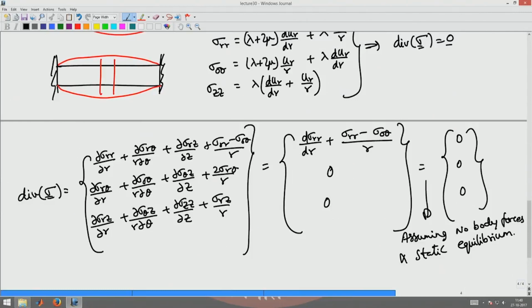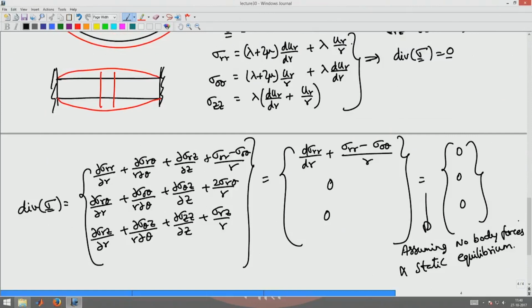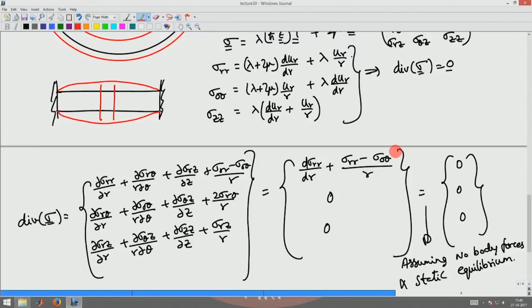Okay. Now, what we will do next is substitute for sigma r r and sigma theta theta into the expression here, and we will see what differential equation we get.